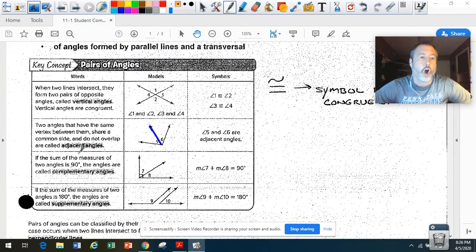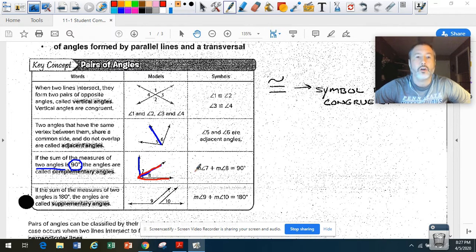Okay, let's look at complementary. If the sum of the measure of two angles is 90 degrees, you need to understand that. Complementary means 90 degrees. Two angles added up together that equal 90 degrees are complementary. So as you look here, angle 7 plus angle 8.